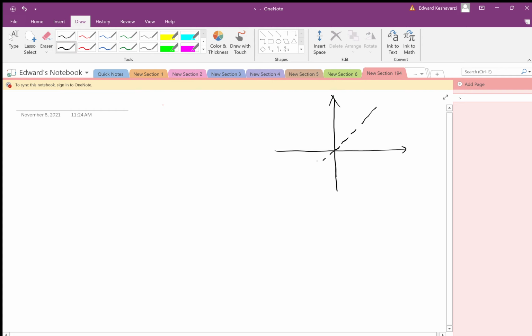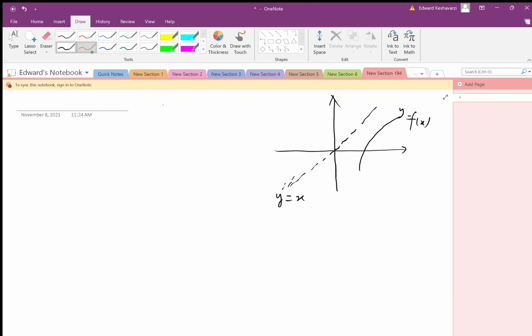So if this dotted line is y equals x and this is f of x, y equals f of x, the inverse function would be the reflection with respect to y equals x. So this is the graph of y equals f inverse of x approximately.